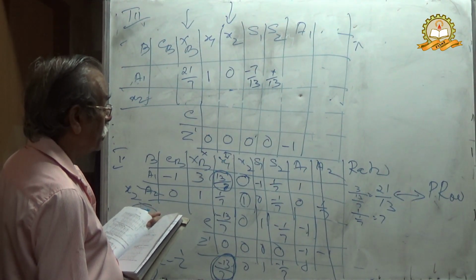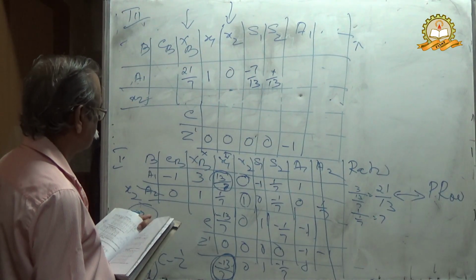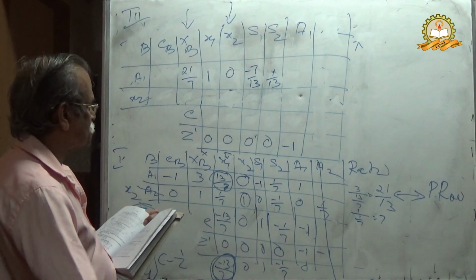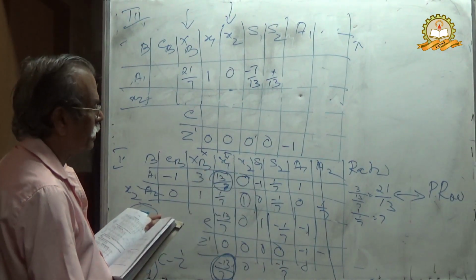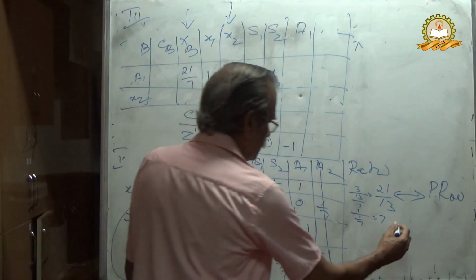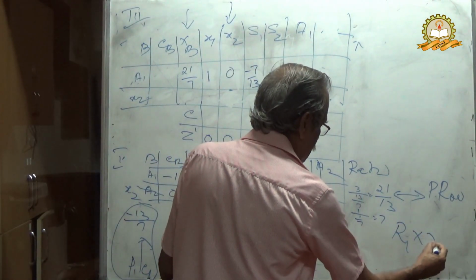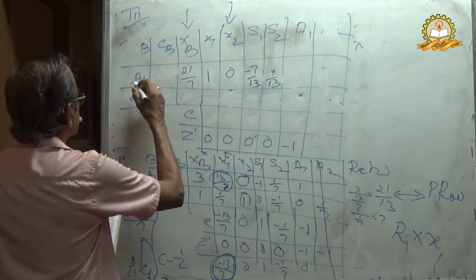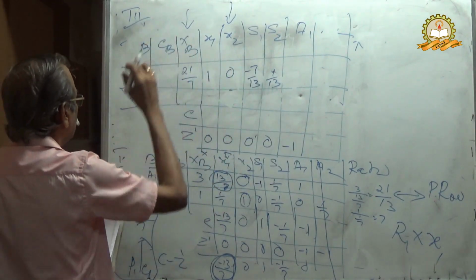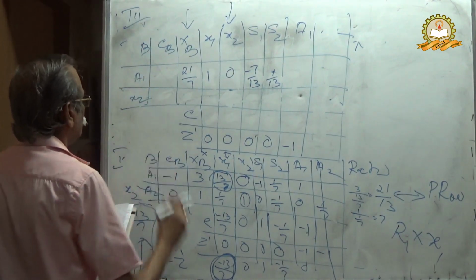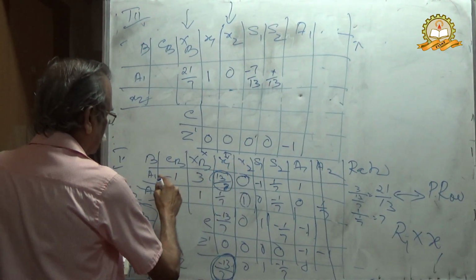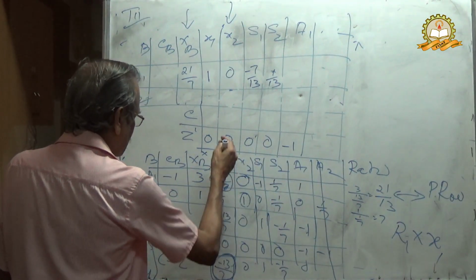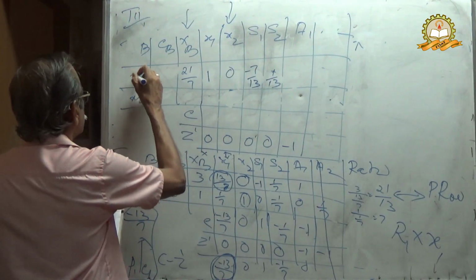Now here row R1 intersects with column x1. Therefore, interchanging, the new table will be: row R1 intersects with x1 column, therefore this becomes x1.